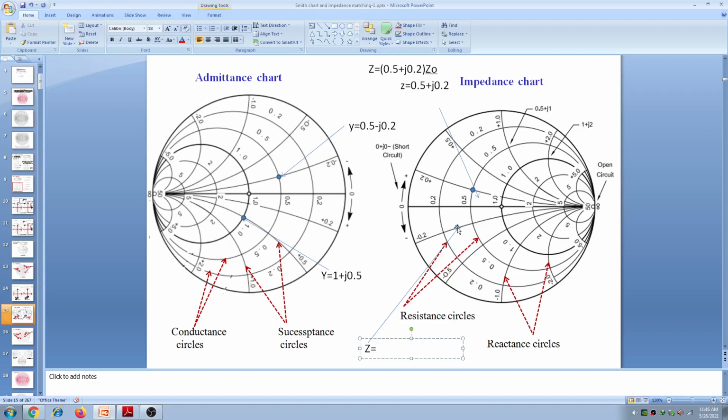Which circle will pass? You should take a value in between these two readings, 0.2 and 0.5. This is somewhere in between the two. The circle may pass like this. If I draw one more circle, it will pass like this through this point. But that circle is not provided on the Smith chart, because it would become very dense to provide all the values.